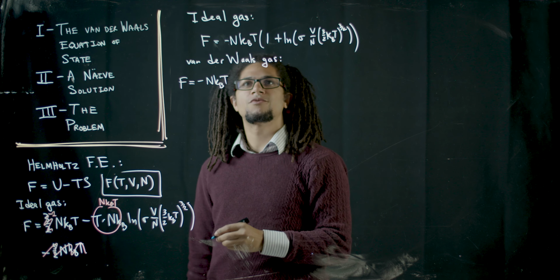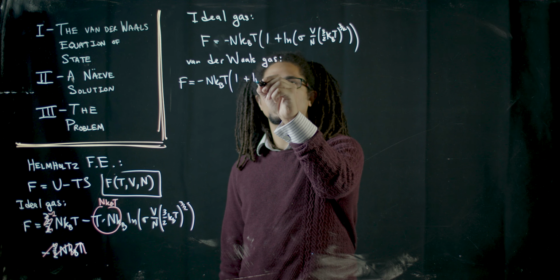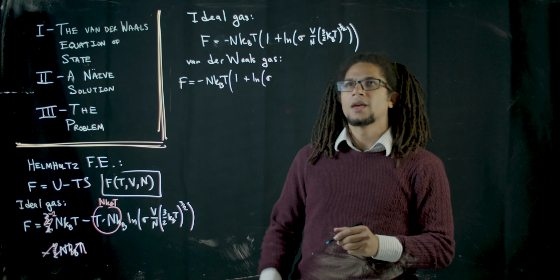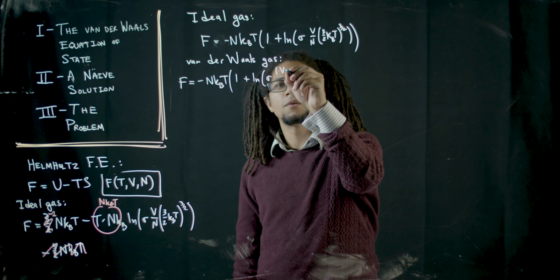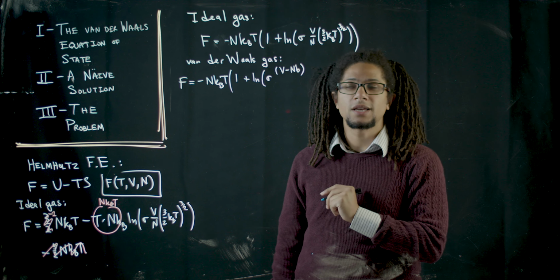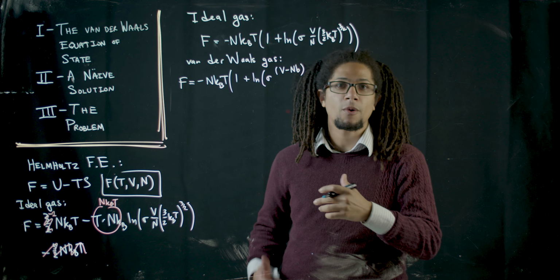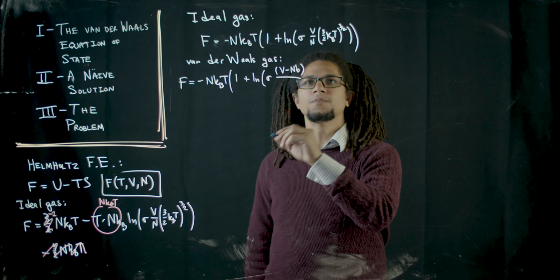So we still have minus N k_B T, then 1 plus log sigma. Now this V is going to be replaced by V minus N b. Notice that b is intensive and of type volume. It represents basically the volume of each individual gas particle.